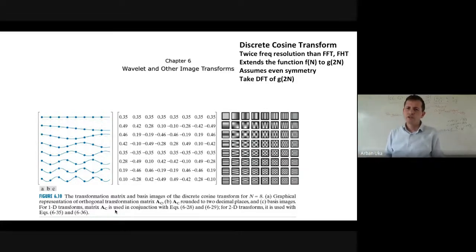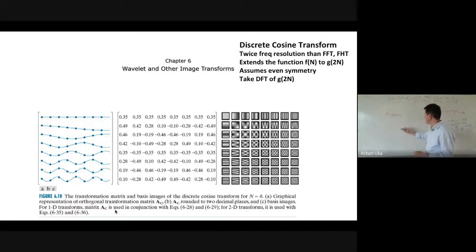Imagine you have a function with 4 data points, and we make this one equal to 8 data points. The way we extend it is that we take the symmetric with respect to the end point, the mirror reflection of the given function at the end point.